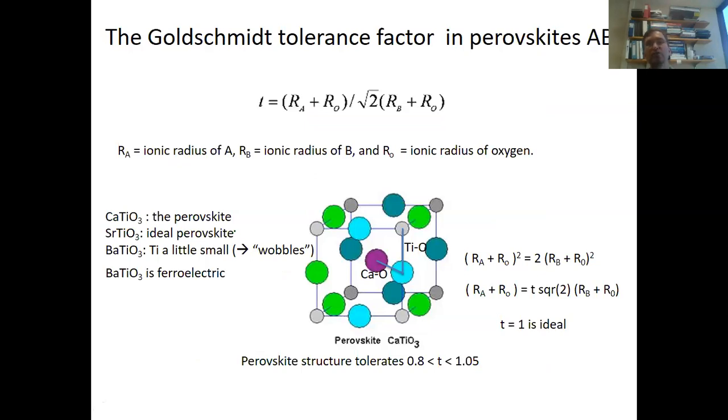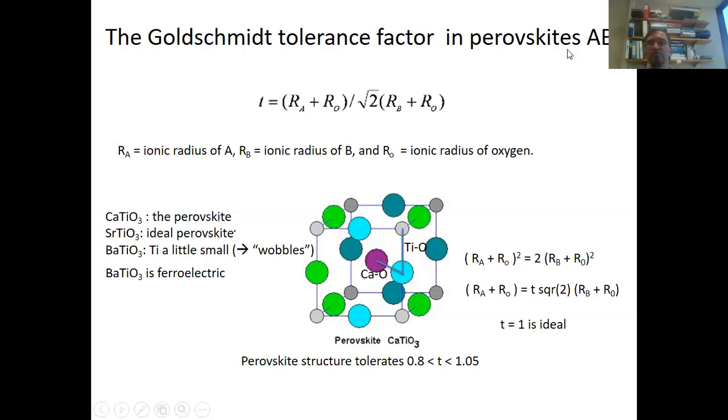So the fairly large tolerance is expressed by the Goldschmidt tolerance factor, which says that the tolerance factor T is defined by the ionic radius of the species A in the ABO3 structure.